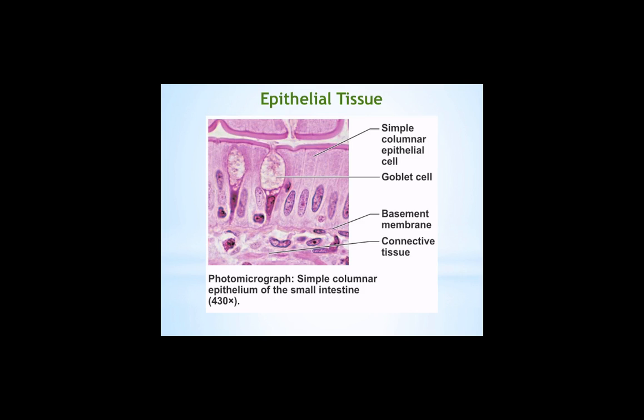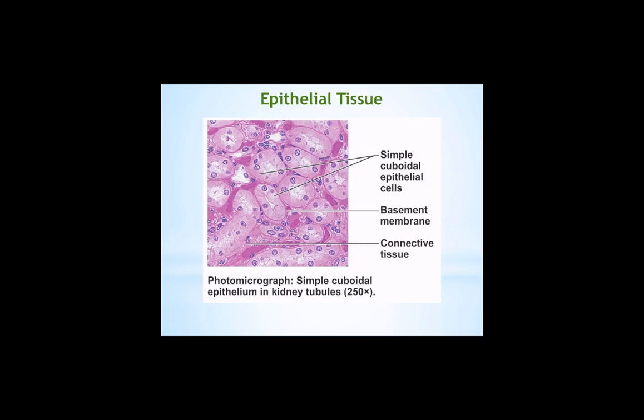You see they have a nucleus, and at the base they have a basement membrane, and then underlying connective tissue where the blood supply is. And there's also in this tissue a goblet cell, which is used for producing mucus.